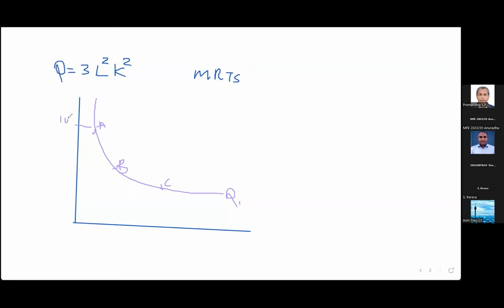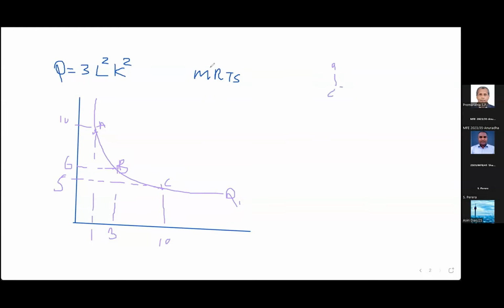Let's say here 10. Here, let's say 1. Let's say here 6. Here, let's say 3. 5. Let's say here 10. Now, for all of A, B, C, calculate the MRTS.